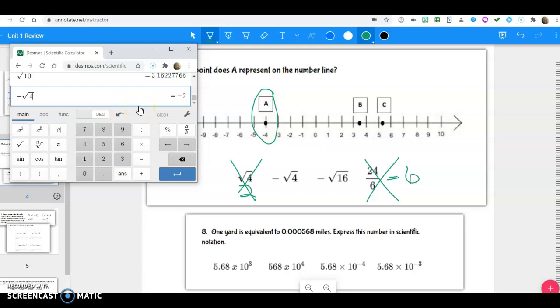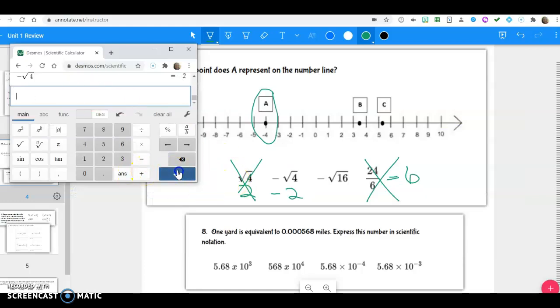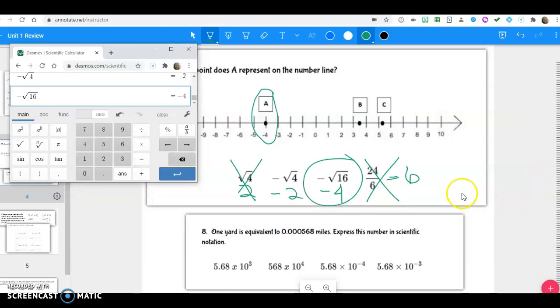So the negative square root of 4 is -2. Going back to my calculator, negative sign, square root of 16. Again, it first evaluates the square root of 16, then pops the negative out. So the square root of 16 is 4. Pop out that negative. And so we know that this is -4, so I know that this one's going to be my answer.